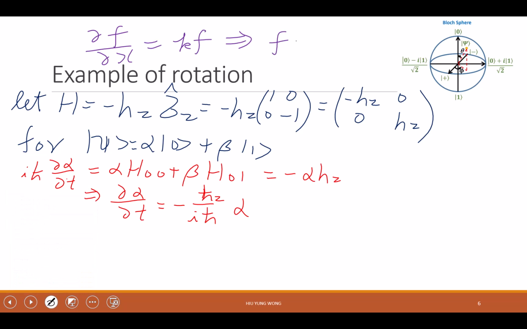Then f must be equal to exponential kx, because we are not using t. If you substitute this to the left, partial f partial x gives you k exponential kx, which is kf.